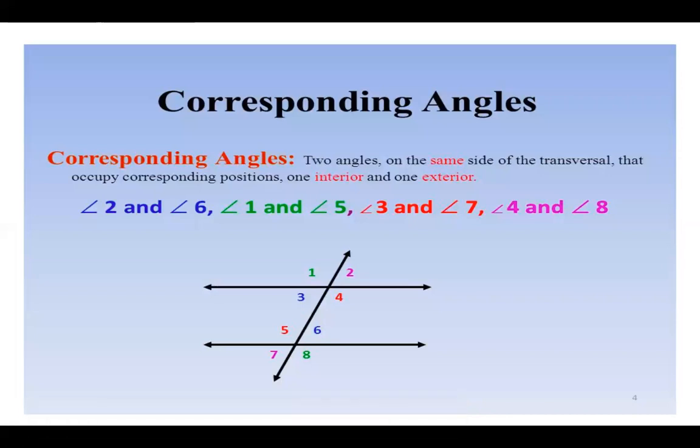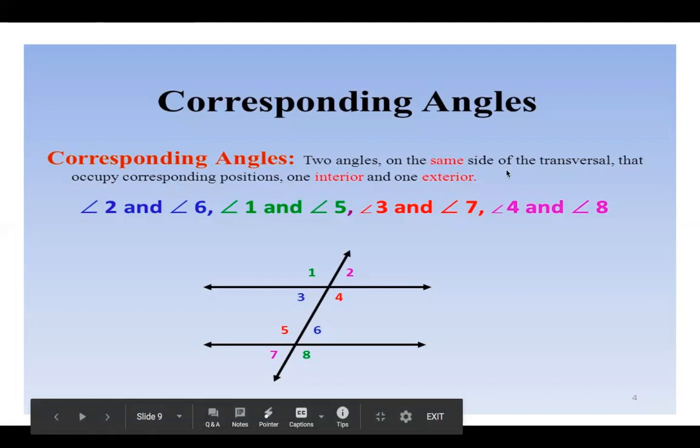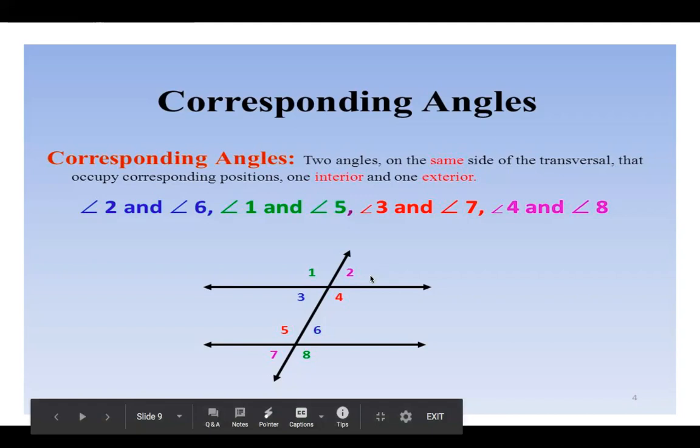So corresponding angles. What are corresponding angles? Two angles on the same side of the transversal. This is the transversal, so they have to be on the same side and occupy corresponding positions. If you take this angle on the same side, what is the corresponding position?